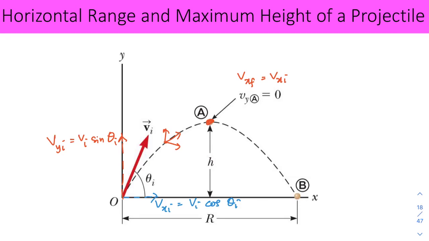And then at this instant it has components again. And then the moment it strikes the ground, it has v final here, and it has components, v final x, v final y, then it has theta final here.